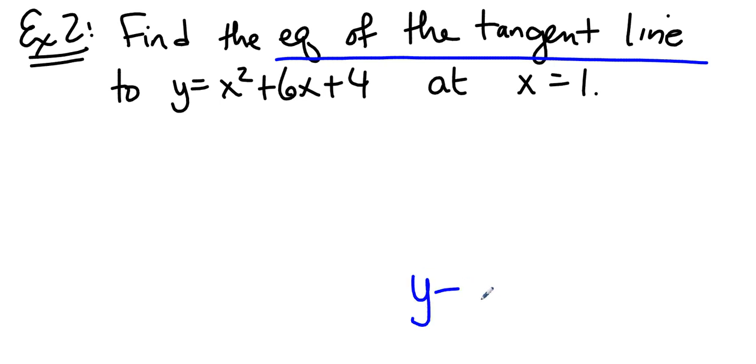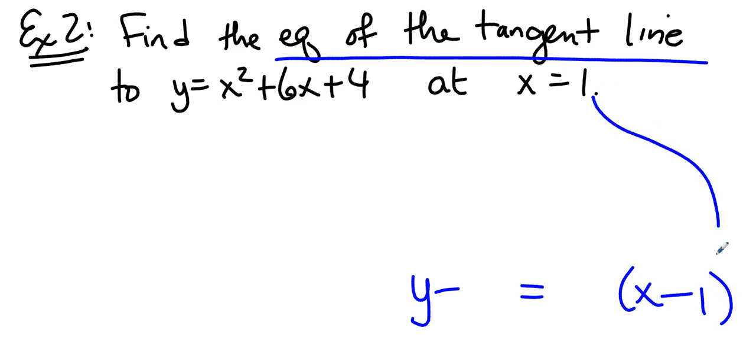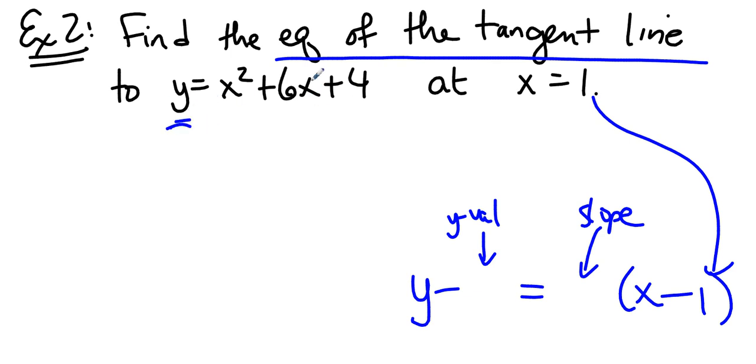It's y minus a y value is slope times x minus an x value. That x value. So this thing is going to be a y value, and this thing is going to be a slope. The y value is easy to find because we just take that x and we stick it in here. This gives us y values. That's why it says y there. This gives us y values. 1 squared, 6 times 1, 4, that's 11.